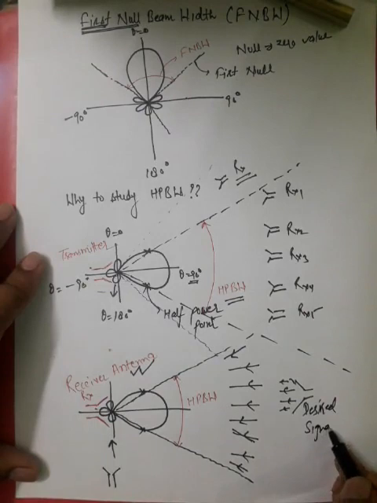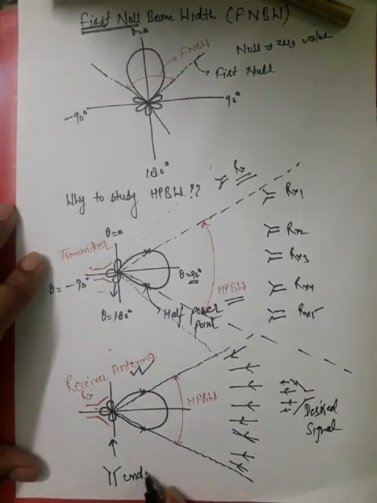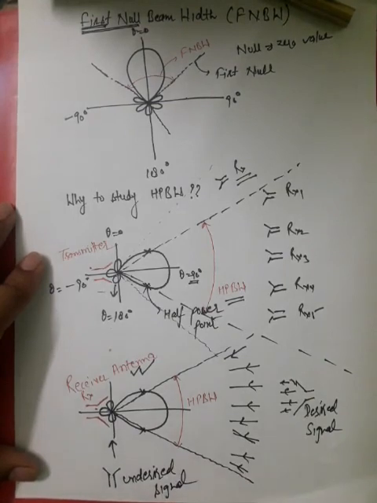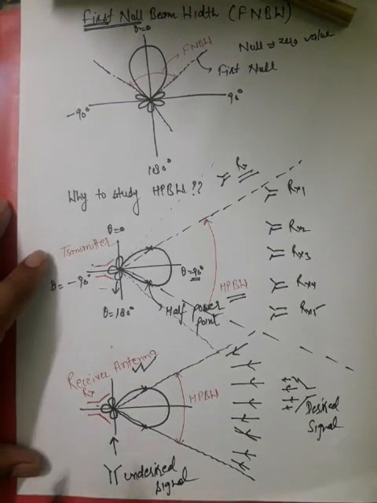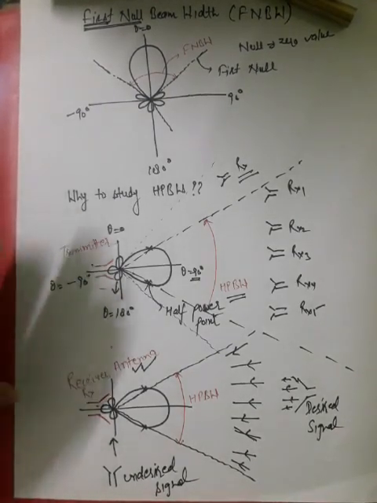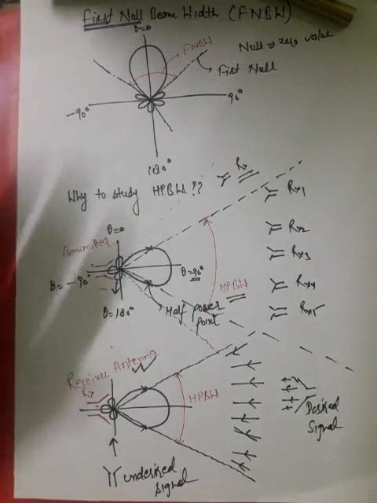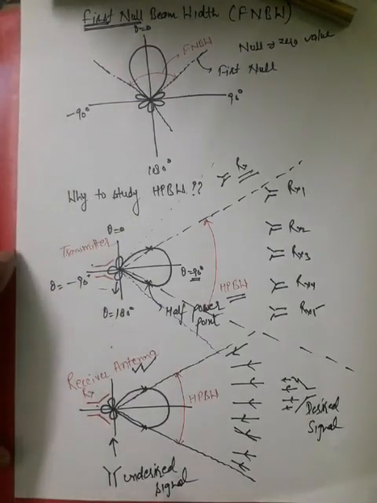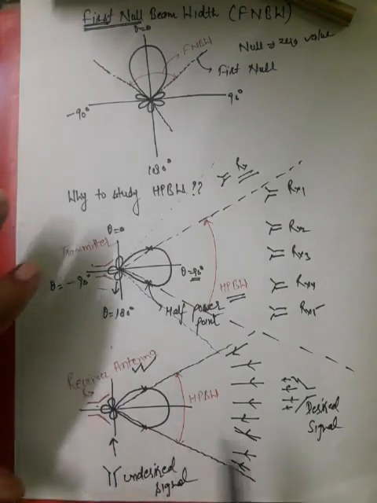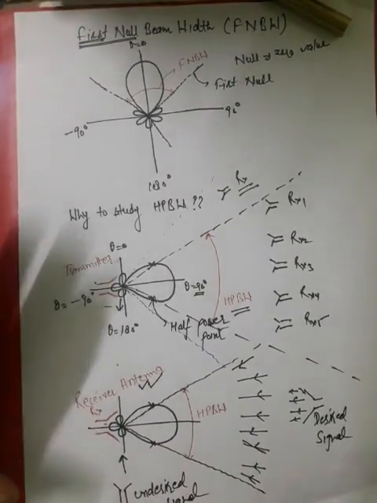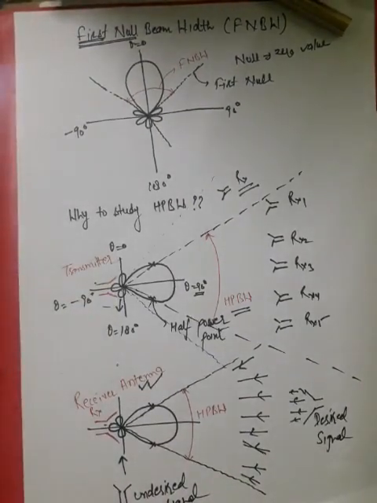So your antenna will receive desired signal as well as the undesired signal. We will discuss these points further, how we can remove this undesired signal so that it cannot be received by the antenna. So this is all about your half power beamwidth and the Fresnel beamwidth.